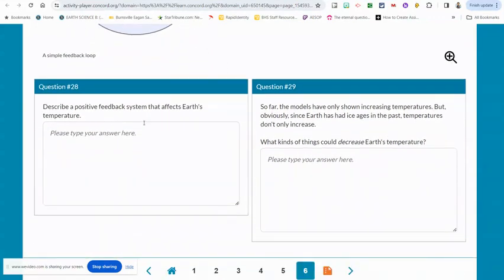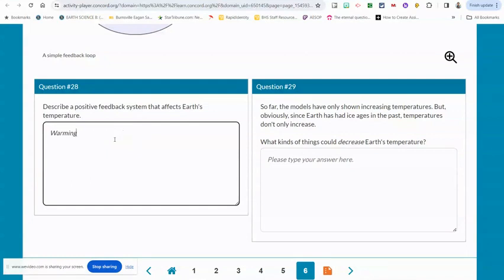So describe a positive feedback system that affects Earth's temperature. A couple of ideas here would be, one positive feedback would be, let's say, warming atmosphere causes more Arctic ice to melt. So you remember, ice reflects more sunlight.